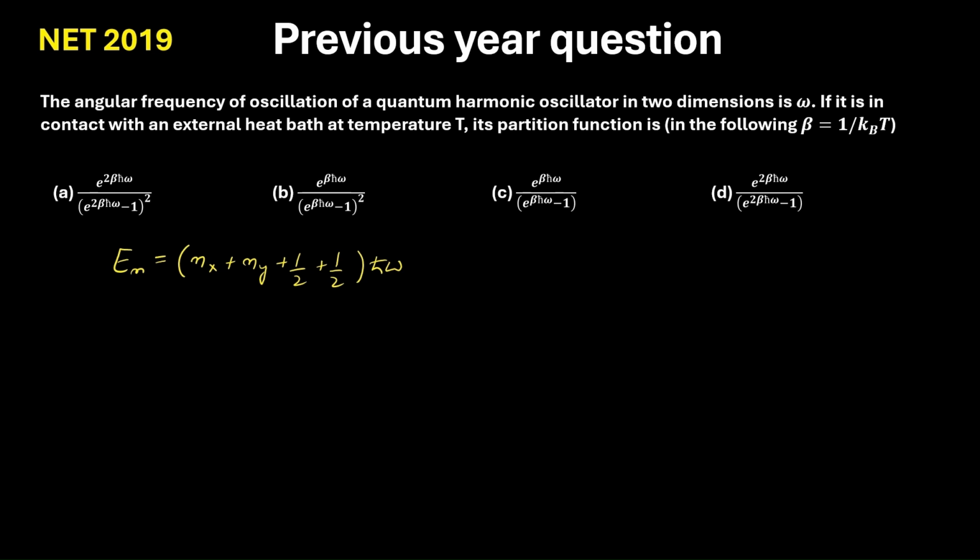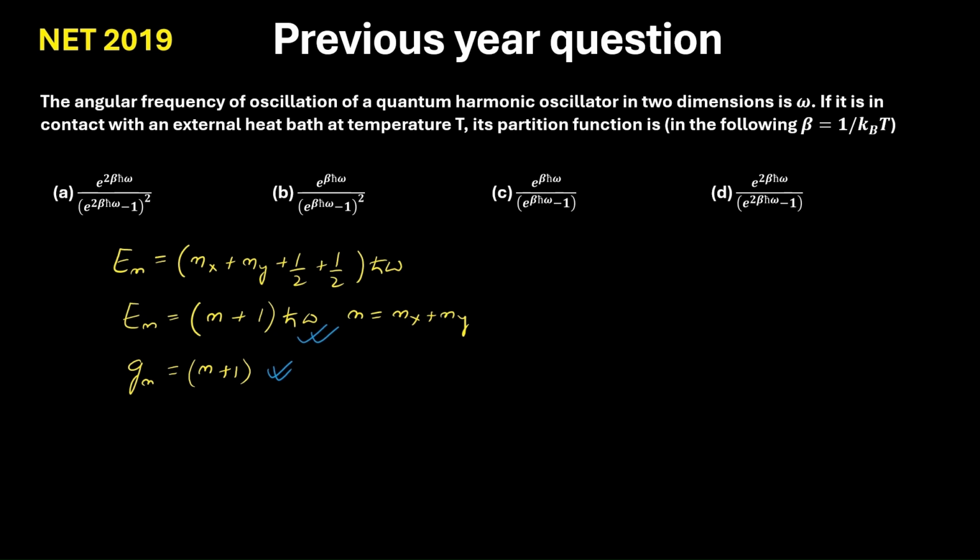Since it is isotropic, we can use a single quantum number n, where n is nx plus ny. Again, in an isotropic 2D quantum oscillator, there is a degeneracy given by n plus 1. So using these 2 pieces of information, we can find the partition function.